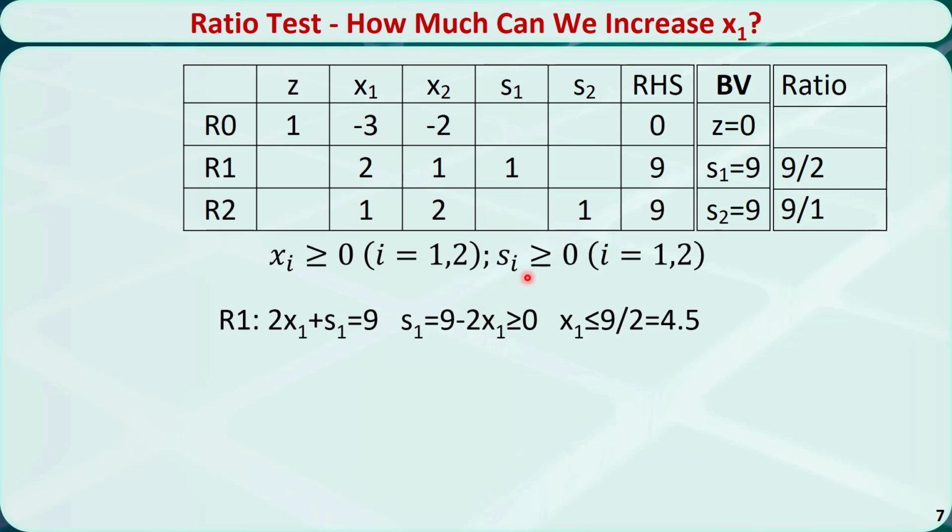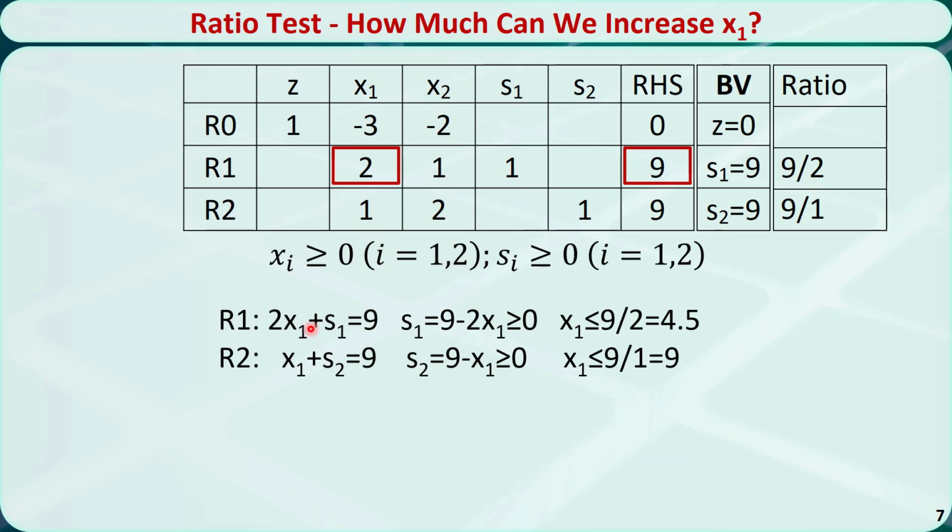We have s1 equal to 9 minus 2 times x1. Due to the sign restriction, s1 is greater than or equal to 0, so x1 is less than or equal to 4.5, which is the right-hand side in this row divided by the coefficient of x1. For row 2, if x1 is no longer 0, we have to write out this item, 1 times x1.